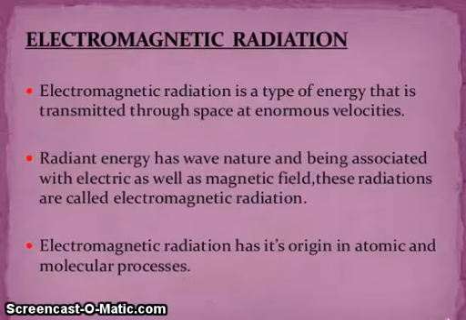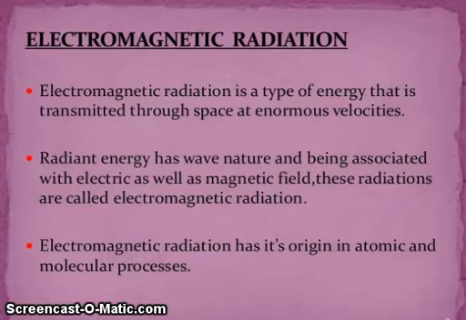Now friends, I will start by introducing electromagnetic radiations. Electromagnetic radiation is a type of energy that is transmitted through space at enormous velocities. Radiant energy has wave nature and is associated with electric as well as magnetic fields.